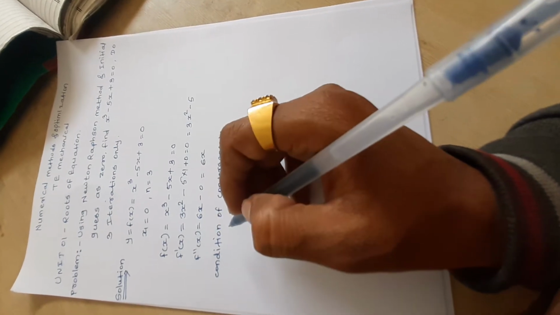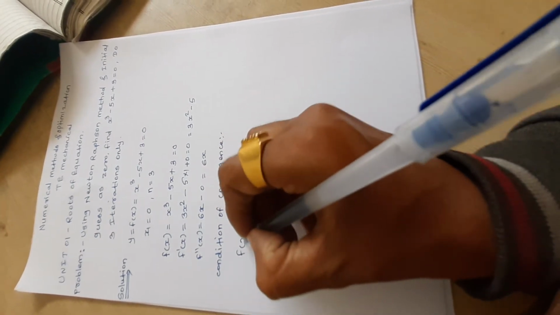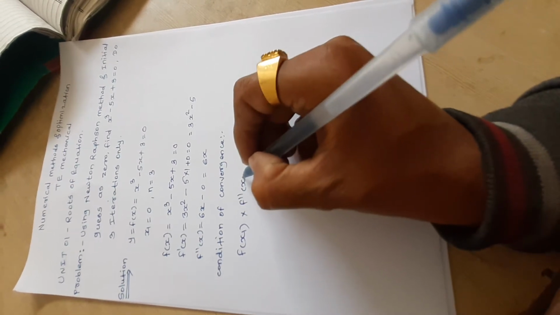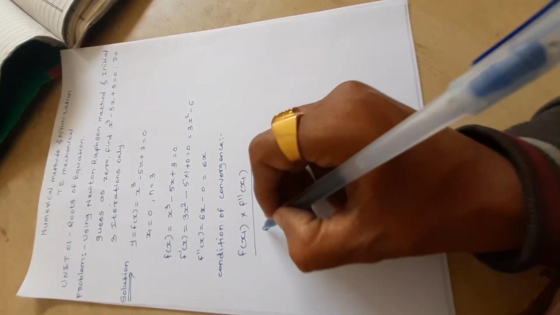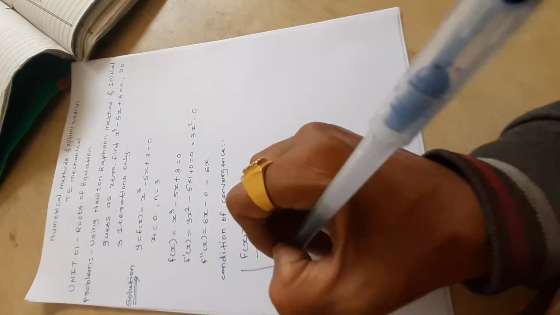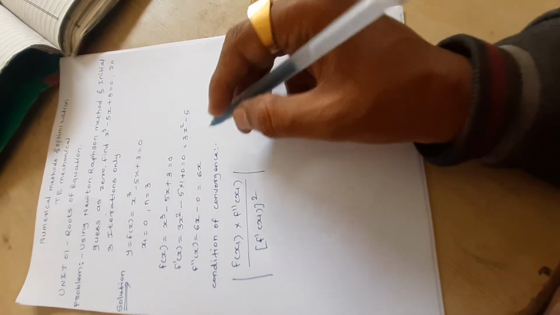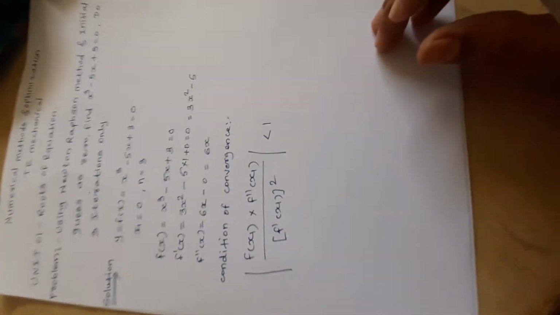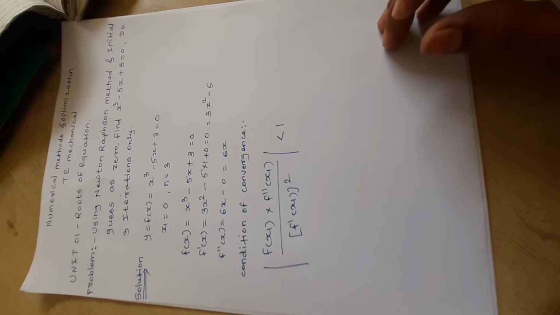For that, the condition of convergence equation is: mod of f of x1 into f double dash of x1 upon f dash of x1 square is less than 1. This is nothing but the condition of convergence.